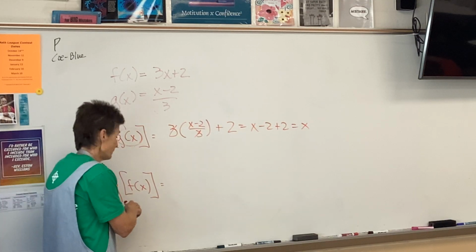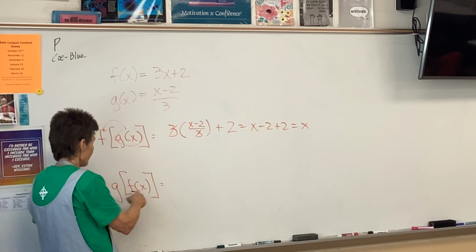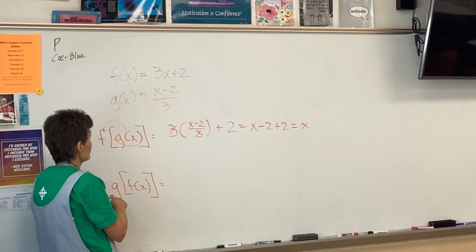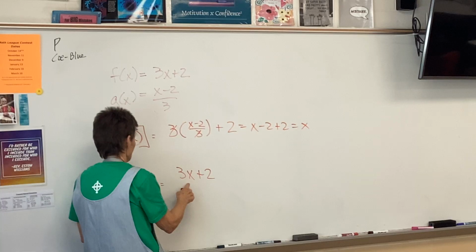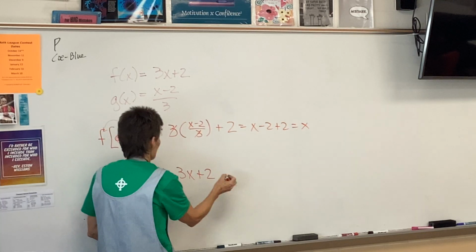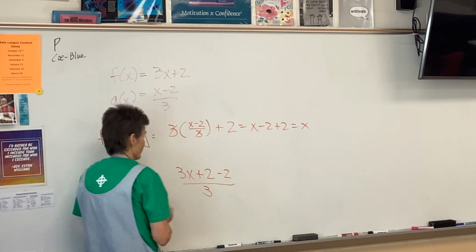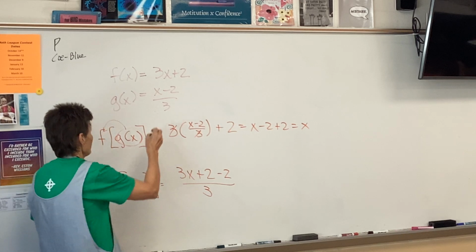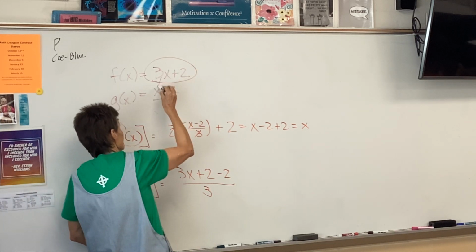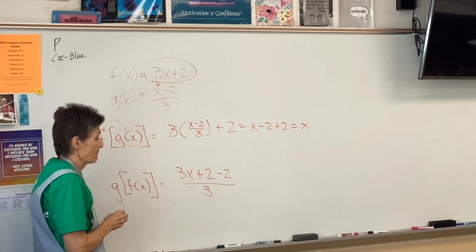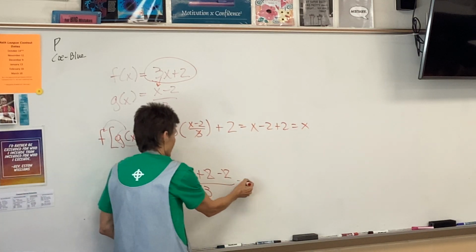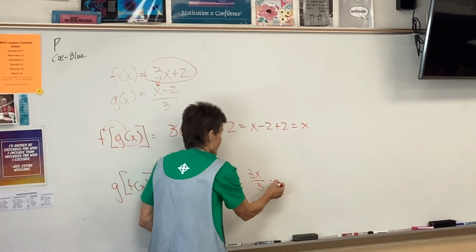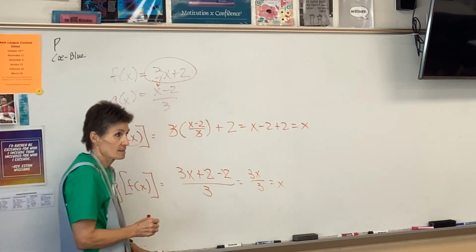So this one says take f and plug it into g. So 3x plus 2, that's f, minus 2 over 3. So I'm plugging this into here. So these cancel, and I'm left with 3x over 3, which is x.